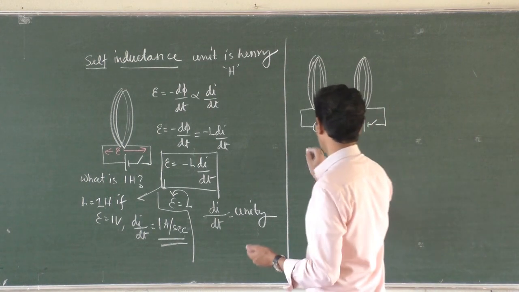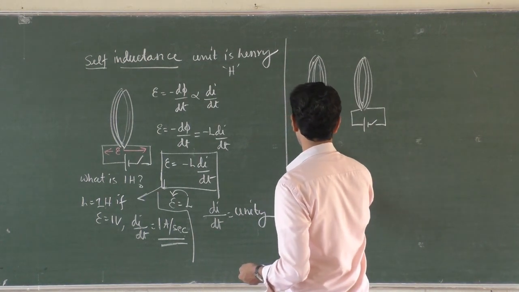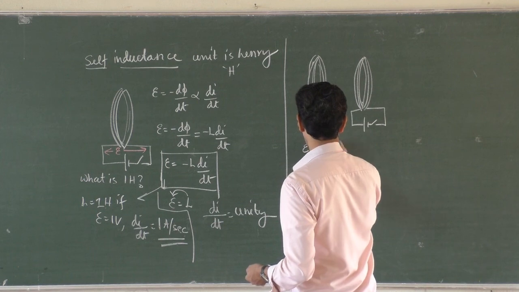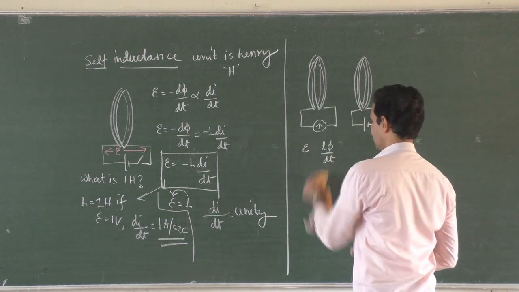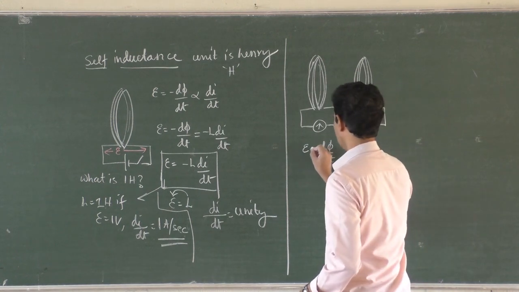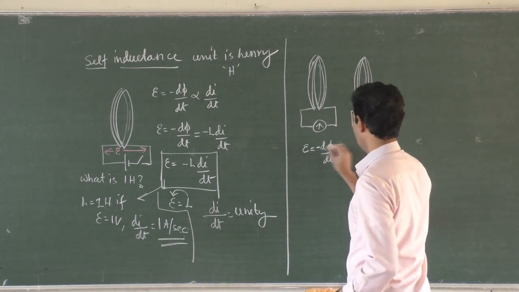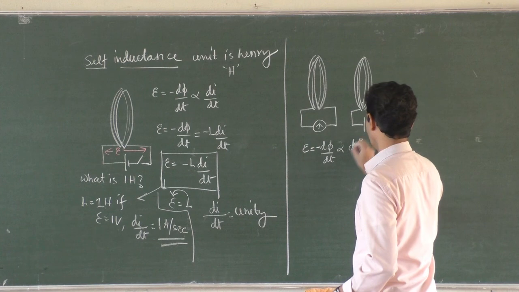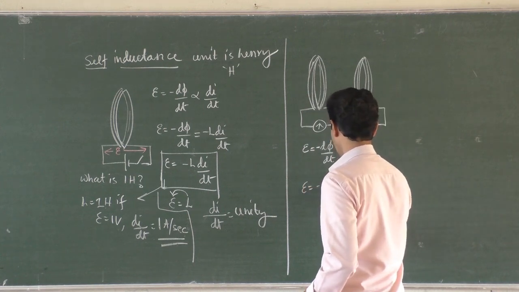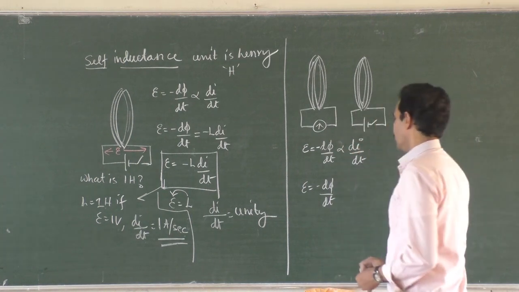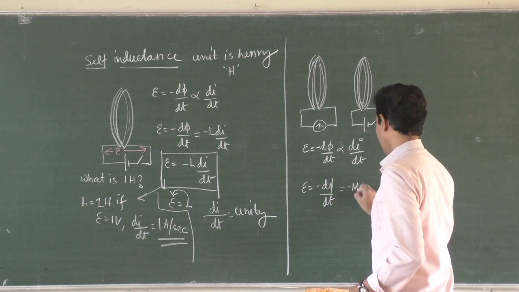Now, how do you define this? E is directly proportional to d phi by dt, right? Or E is equal to minus d phi by dt. That is Faraday's law. But d phi by dt is directly proportional to di by dt. So E is equal to minus d phi by dt, which is equal to minus M di by dt.